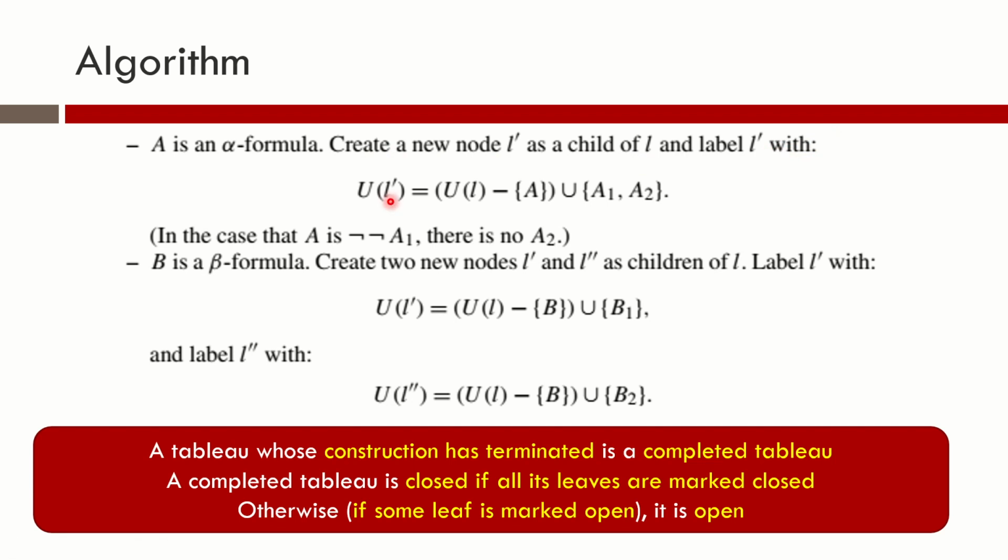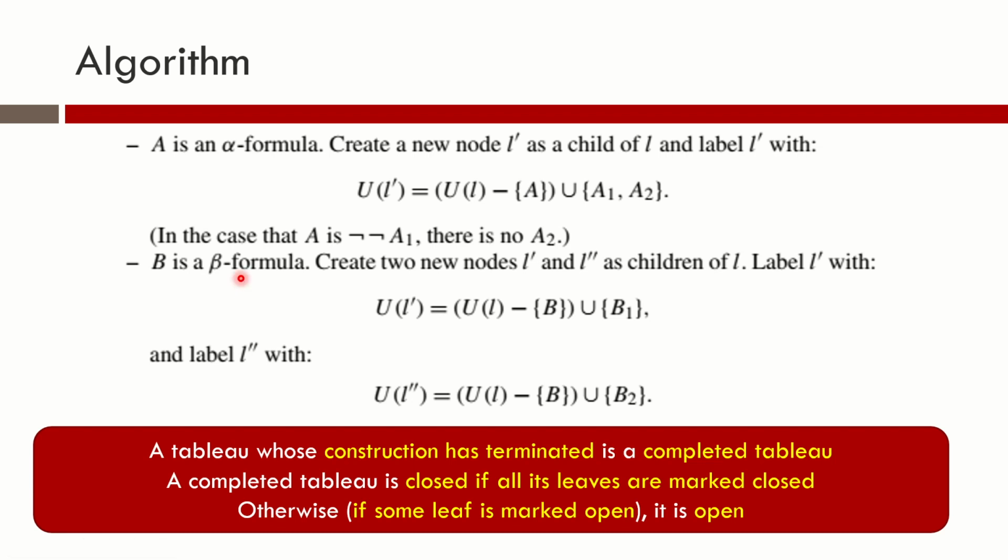The formulas in L dash, U of L dash, will be all the formulas in the parent node UL, from which you remove the alpha formula A and perform union with A1, A2. That is, you remove A and add A1, A2 into the set.